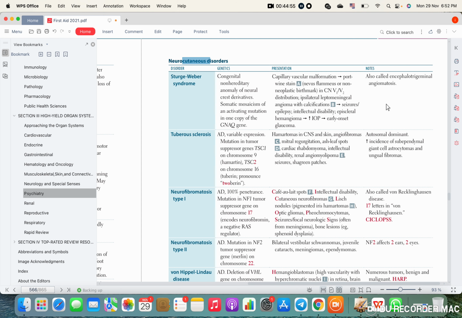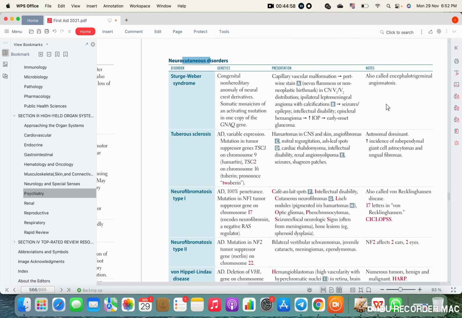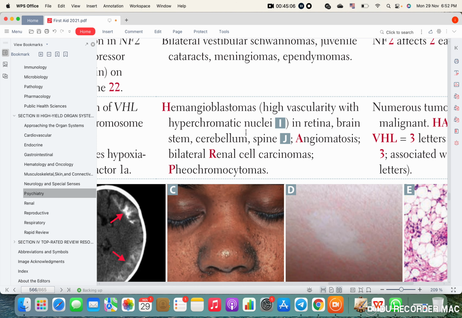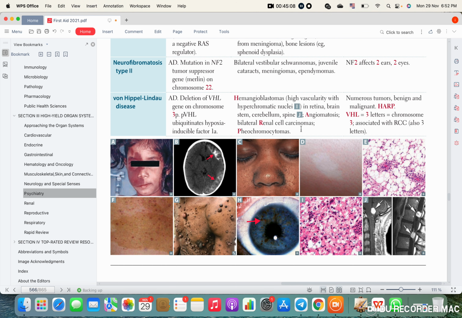This is for reproductive. I'm just telling you about it now. So here you can see von Hippel-Lindau. It has something called the HARBIN mnemonic, in which they will have hemangioblastoma, which is basically hemo, it means blood, and angio means vessel. So they have this tumor of the vessels, and when they have this tumor of the vessels, it can itself start producing erythropoietin. We'll speak about that later.